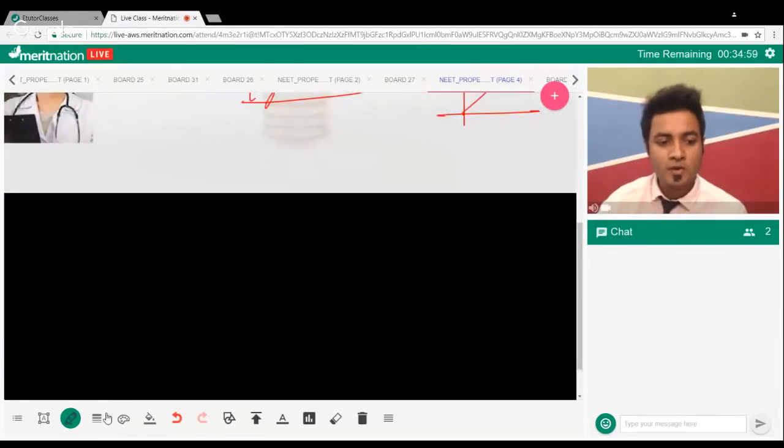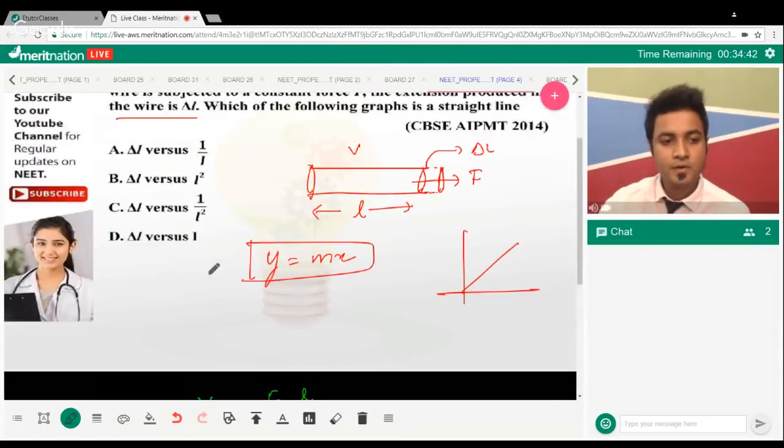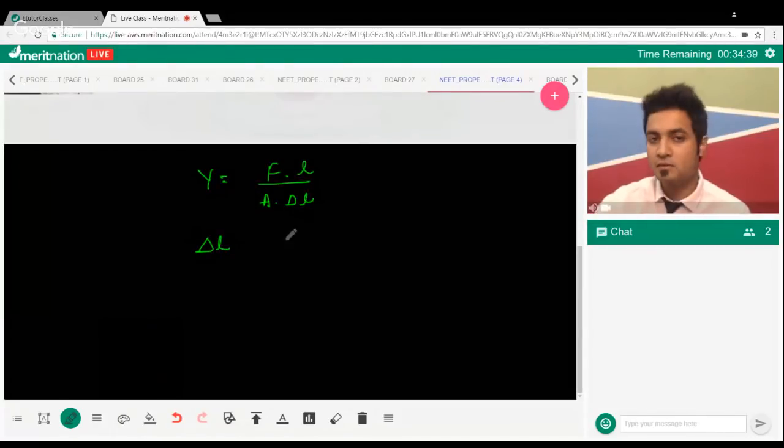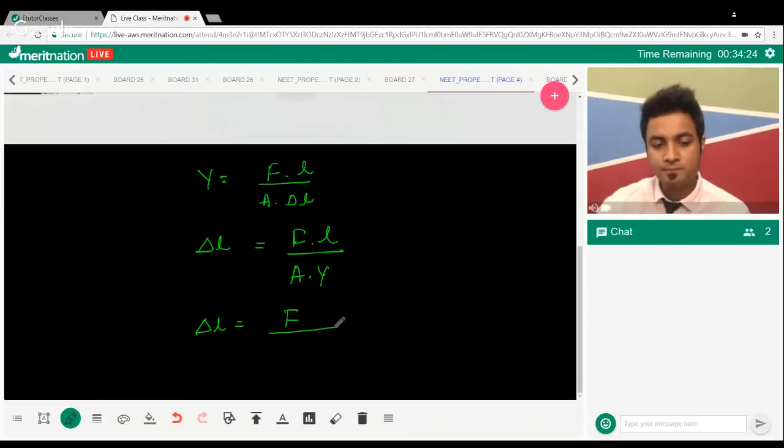Okay, so let's write the formula that we have studied. Y is equal to F upon A, divided by delta L upon L, right? If I need to draw the graph between delta L and the rest of the quantities, I can put it this way. So delta L is equal to, can I write area as volume upon length, isn't it?